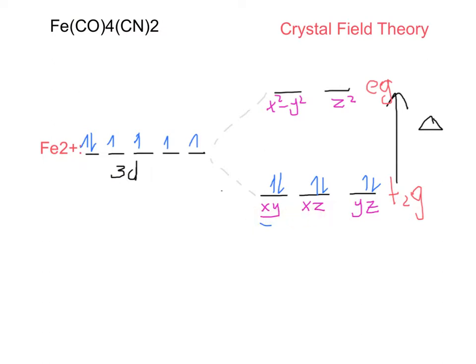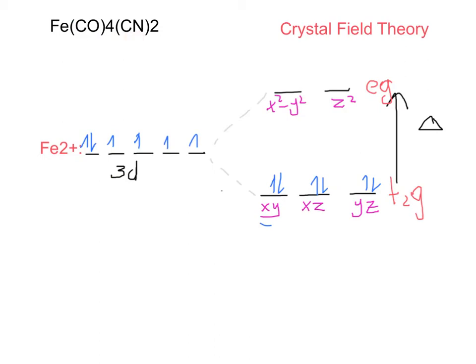One will be lower, like the t2g orbitals, which have the xy, the xz, and the yz orbitals, or it could be higher in energy, like the eg orbitals, which have the x square minus y square orbital and the z square orbital.